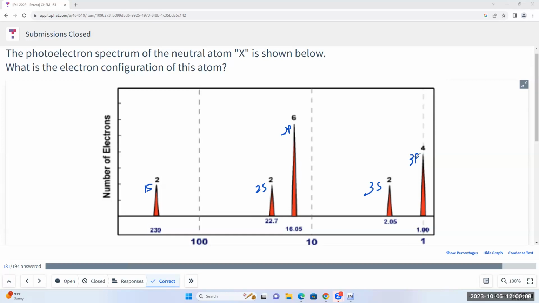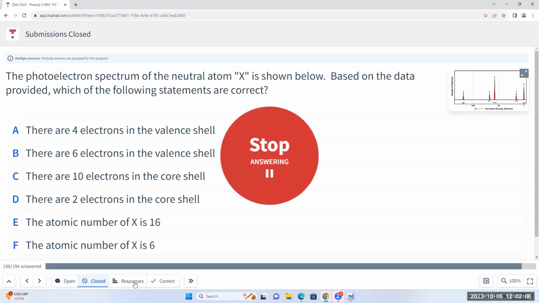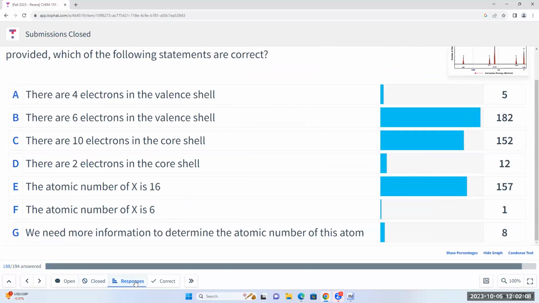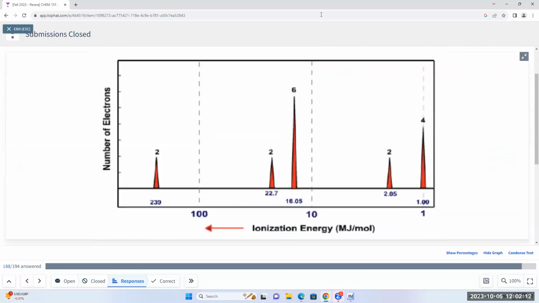Okay. Let's do 2 other questions from photoelectron spectra. 4, 3, 2, and 1. All right, and here are our responses. Look at that. Now let's look at this. The valence shell is the outermost shell, which will have lower ionization energy.